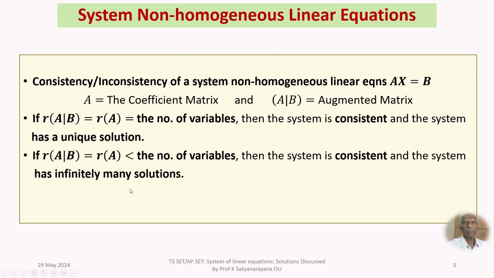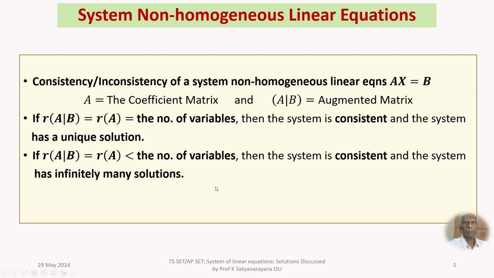So when the rank of the augmented matrix equals the rank of the coefficient matrix and is less than the number of variables, the given system is consistent and it admits infinitely many solutions.